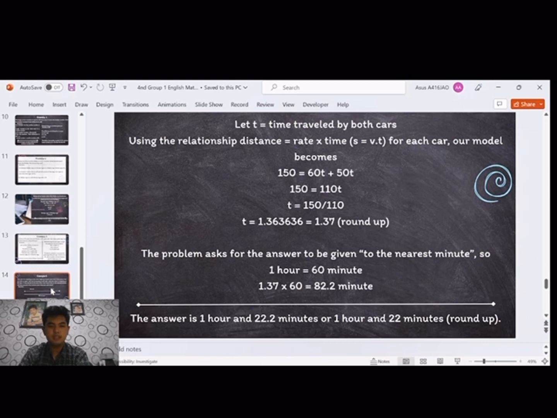The answer is 1 hour and 22.2 minutes, or 1 hour and 22 minutes to the nearest minute.